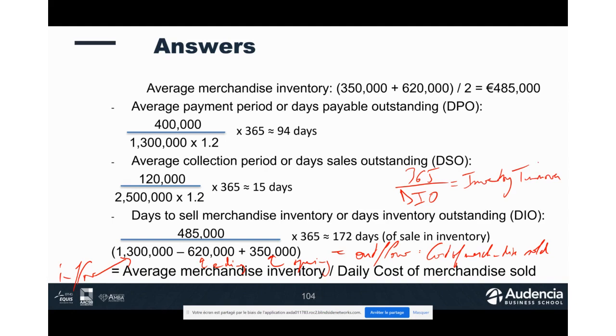If we want the receivable turnover, we use 365 divided by the days of sales outstanding. So two ways to express how you manage the credit terms and your inventory, with the turnover or with the period.